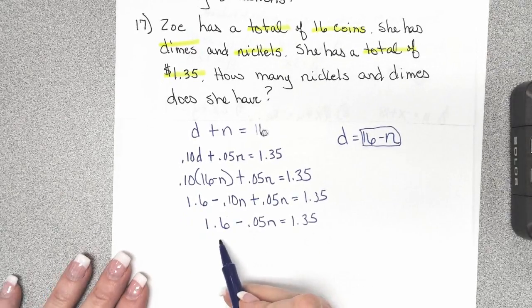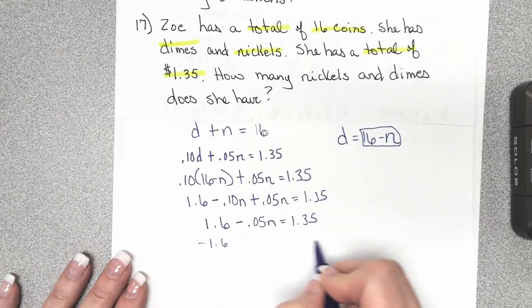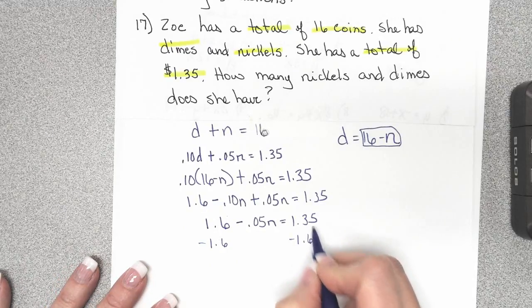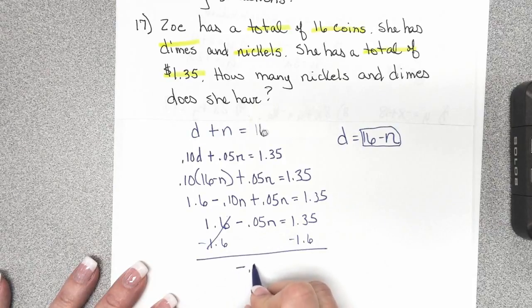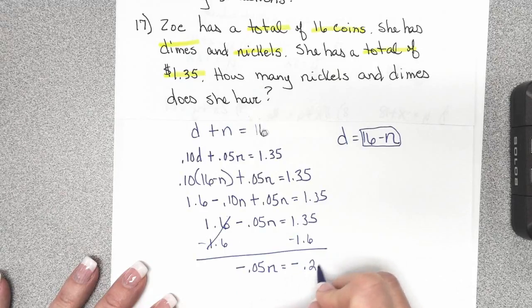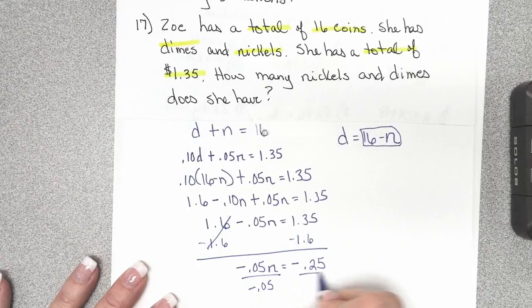Right. Solve for your variable. So subtract the 1.6. And if you want to add another 0 so you line them all up, that's fine. So you'll have negative 0.05N equals negative 0.25. Check myself, make sure. Okay. And then we're going to divide by negative 0.05.